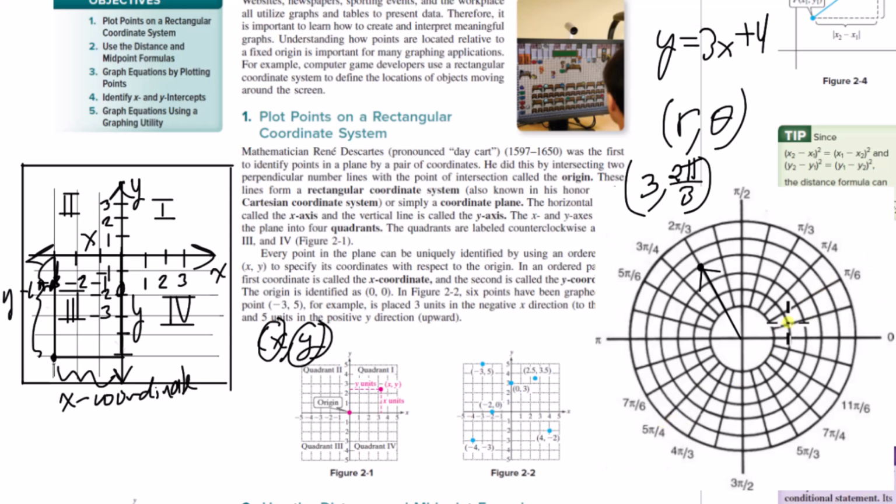But in general, if all you do is say, okay, I started with y is equal to 3x plus 4, and now I'm just going to swap out those variables with some other coordinate system, then no, in general, it's not going to be the same figure unless you do a conversion.